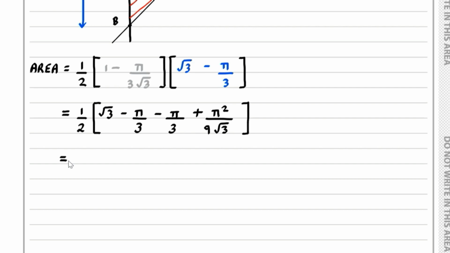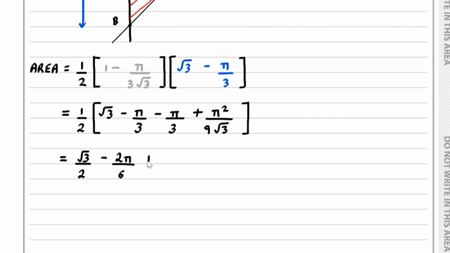We have here 1/2 times by root 3. So that's 1/2, well, that's just root 3 over 2. And then we've got minus 2 pi over 3 times by 1/2. So that will be minus 2 pi over 6.